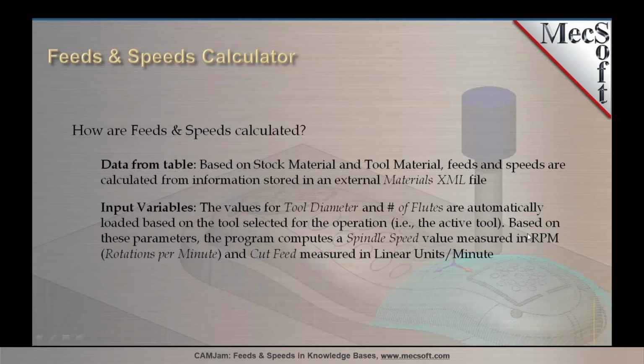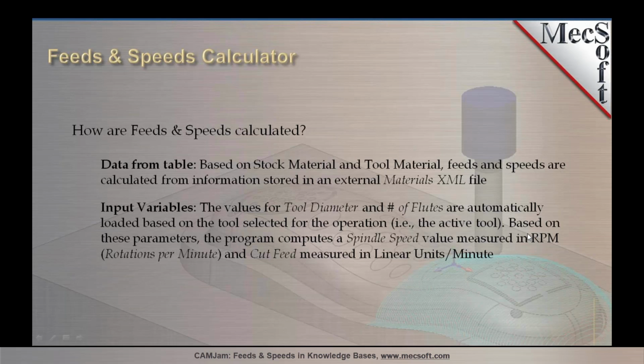So the next topic we'll cover is how feeds and speeds are calculated. This is the feeds and speeds calculator that's available in our system. In order to calculate feeds and speeds, there are a couple of things that are taken into consideration. The first is data from a table. Uday mentioned this a little earlier when we were walking through some of the menus, and you saw load from file.